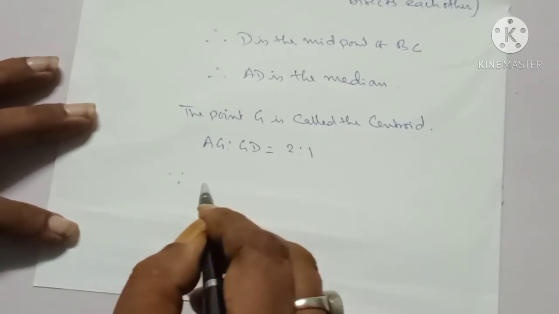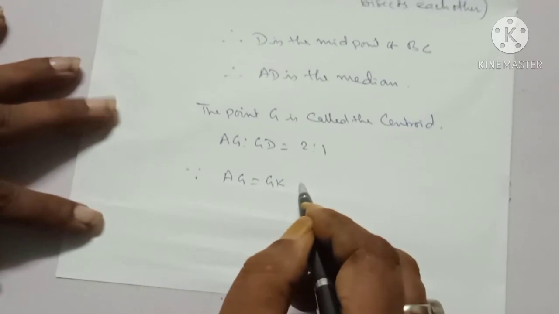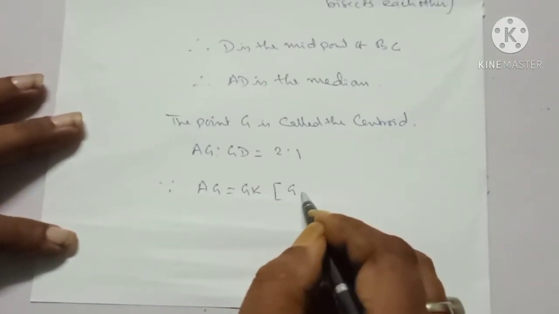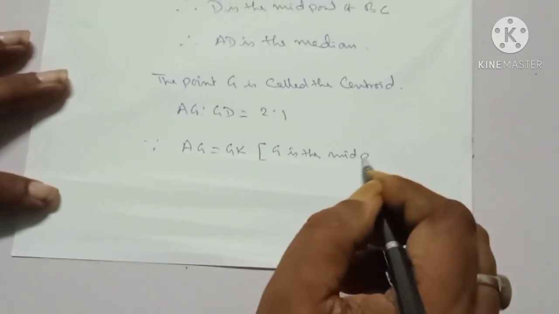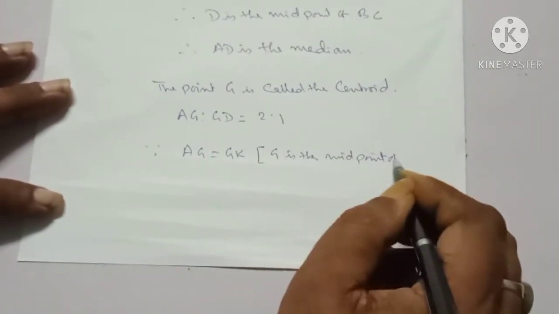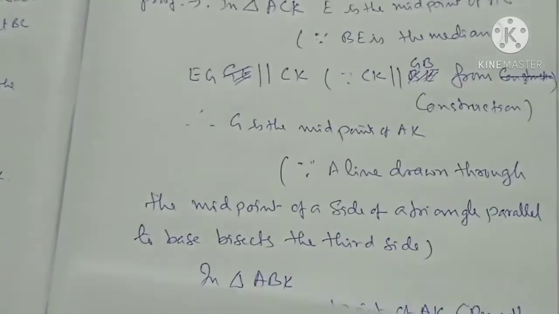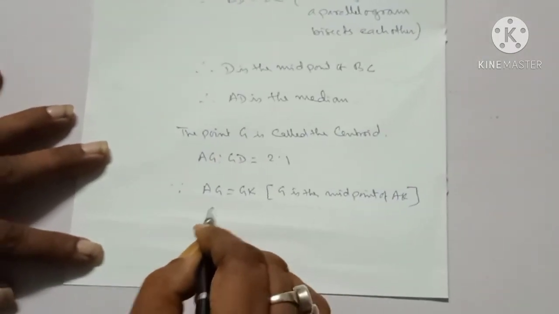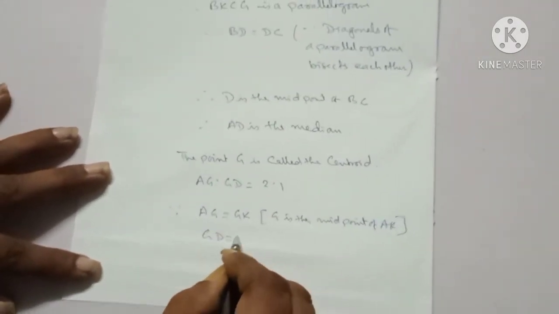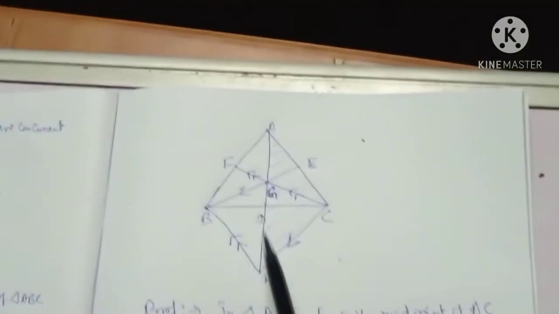Since AG is equal to GK, because G is the midpoint of AK. G is the midpoint of AK, which I have proved here. And again GD is equal to DK.